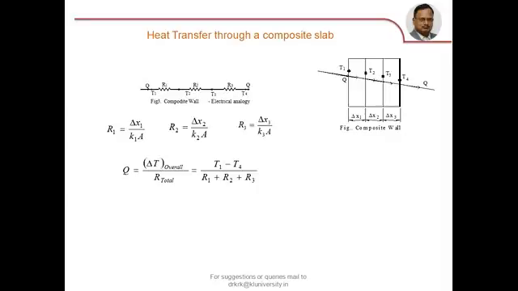You understood? Suppose I want to write the expression for Q between these two nodes, T1 and T3. Then the heat transfer equation is Q equal to T1 minus T3 by R1 plus R2, because between these two nodes the total resistance is R1 plus R2.